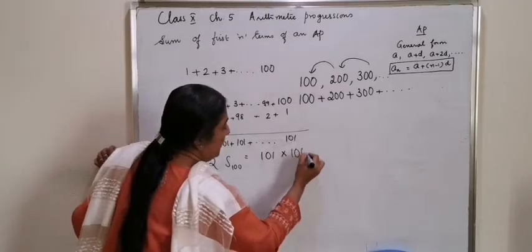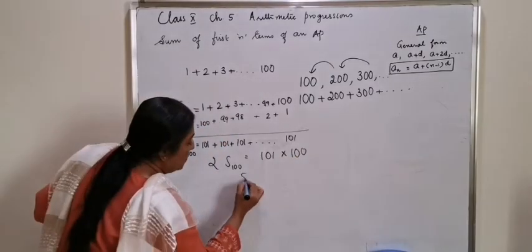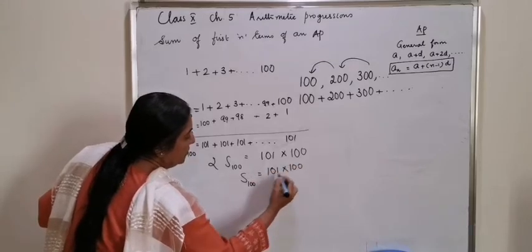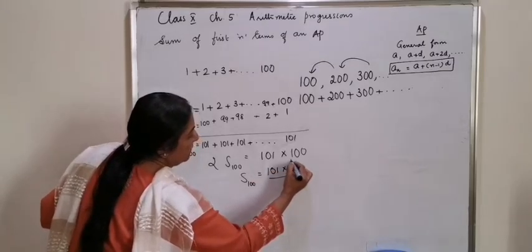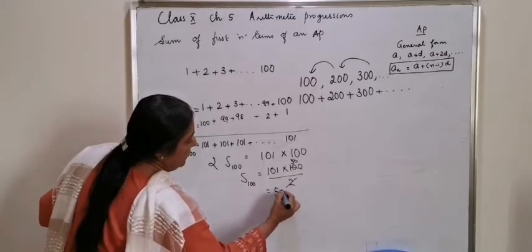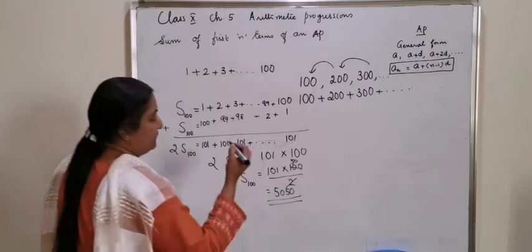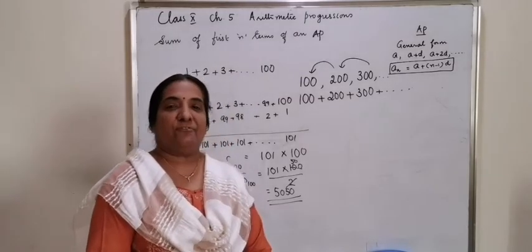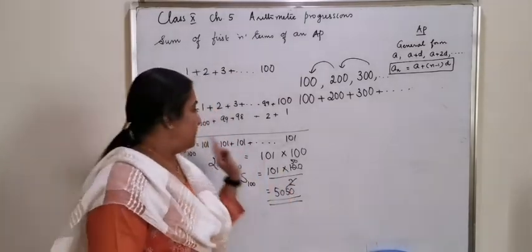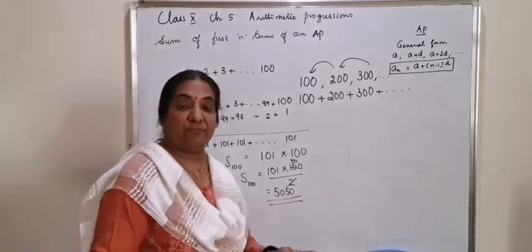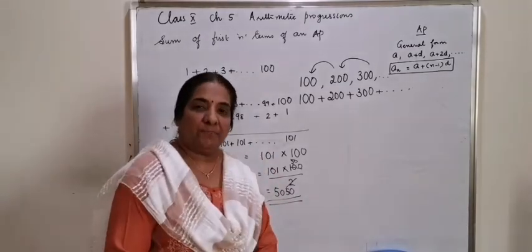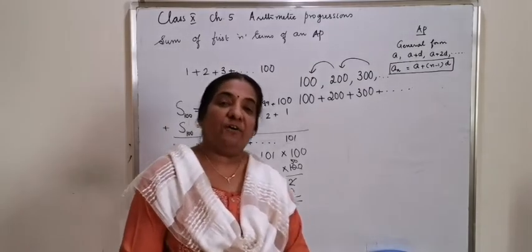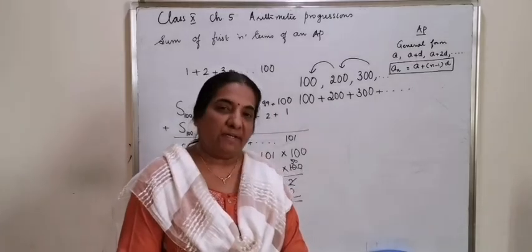So, what is the sum of the first 100 numbers? 101 into 100 by 2, or the answer is 5050. So, the mathematician at the younger age itself could get the sum of the first 100 numbers as 5050 in a quick way. This method is adopted to derive the formula for the first n terms of an AP.